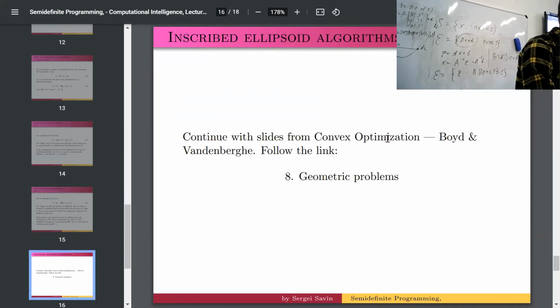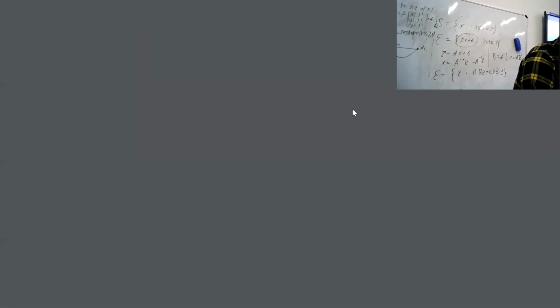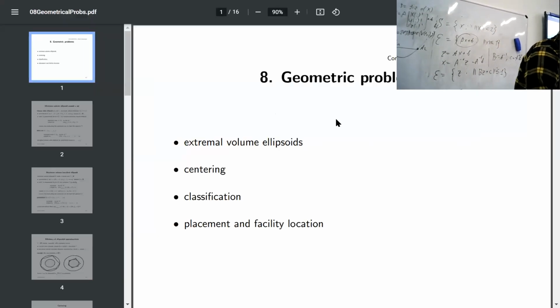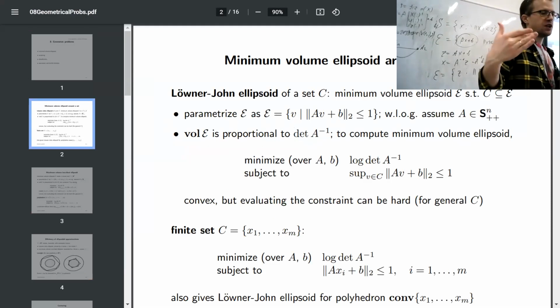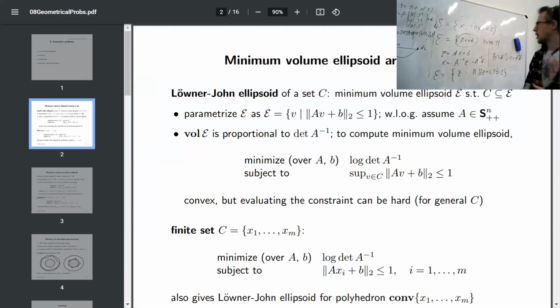Now, let me open this link. So this is a lecture slides by Stephen Boyd, one of our main contributors in this field. Here is a description of how to solve a very specific problem. What is the problem? Find the smallest ellipsoid that covers the set.